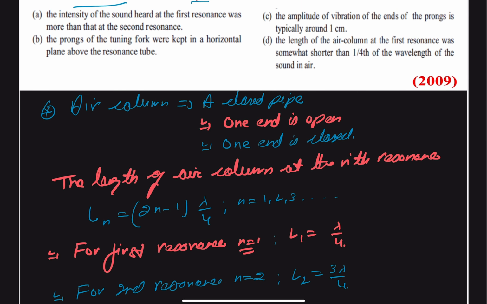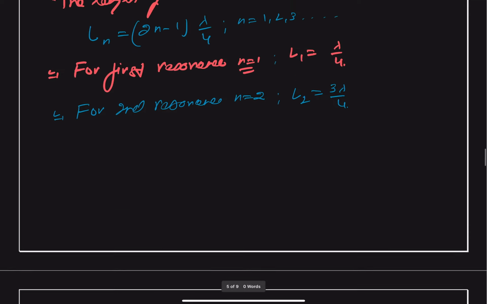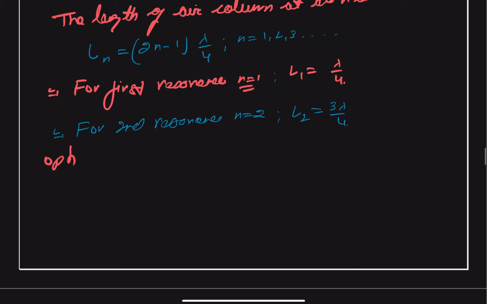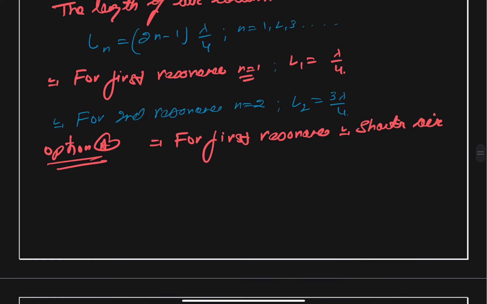The first option states that the intensity of the sound heard in the first resonance was more than that of the second resonance. So let us start with option A. The first resonance takes place at a shorter air column.